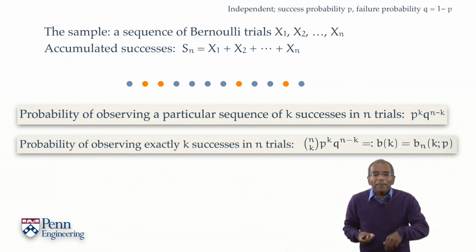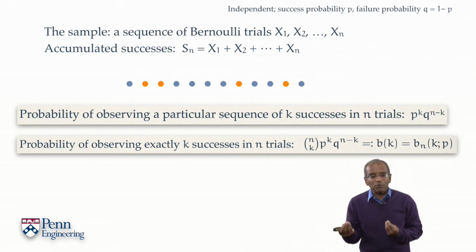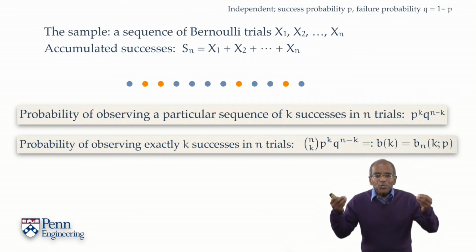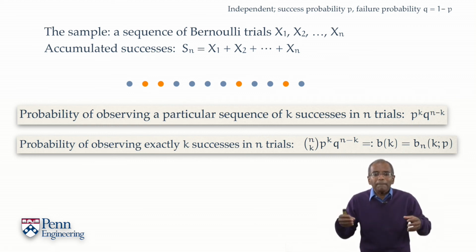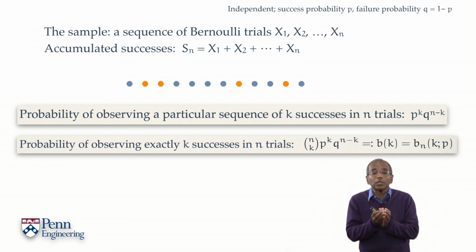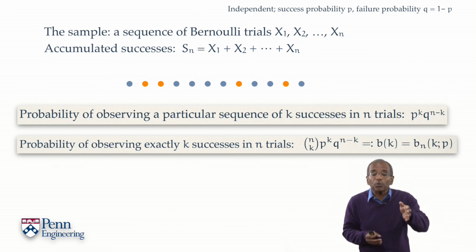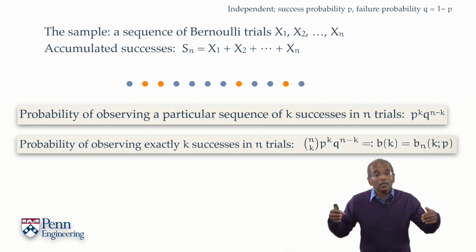But we are parametrized by two additional variables which are the backbone of the problem: n, the number of trials, and p, the success probability of the coin. So these two parameters, n and p, parameterize an underlying probability law as k varies between 0, 1, 2, 3 up till n. The number of successes in n trials can only be an integer between 0 and n.